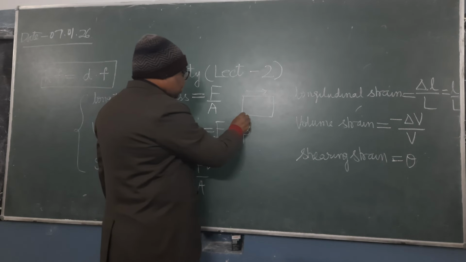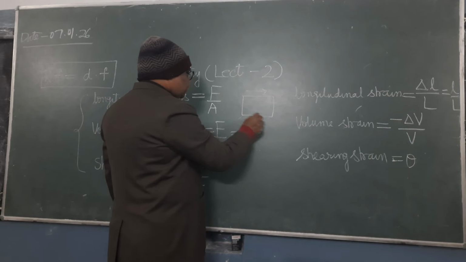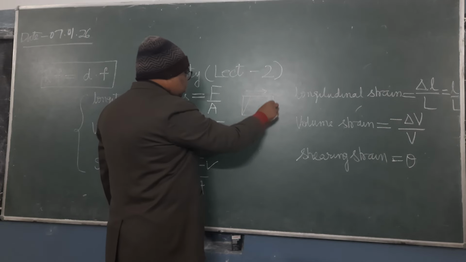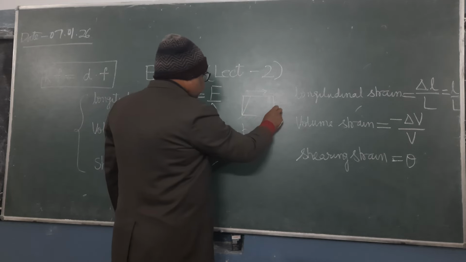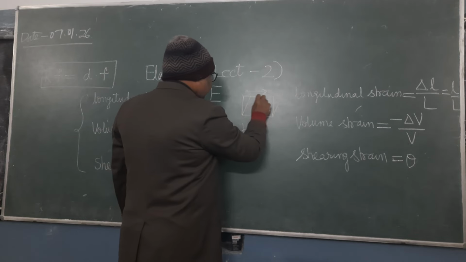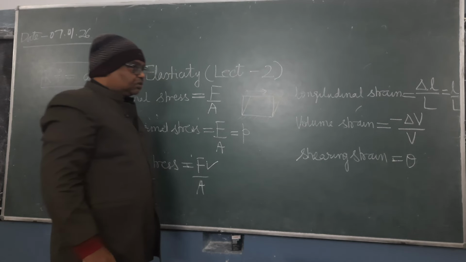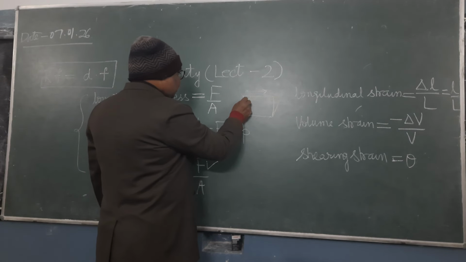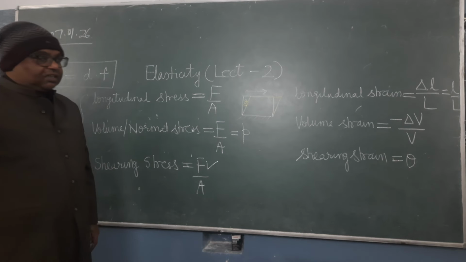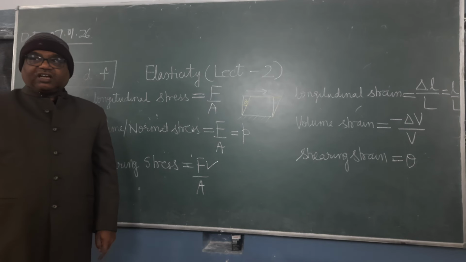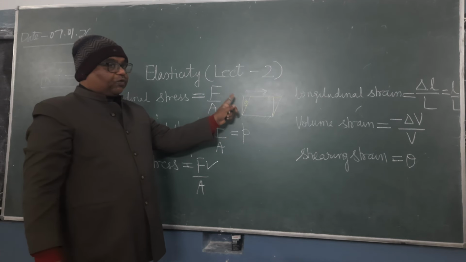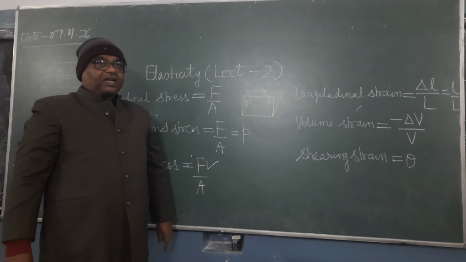Because this surface is fixed, these surfaces will be tilted in the direction of the force. It's clear. So by this angle we measure shearing strain. Shearing strain is theta. And since this angle is very small, therefore theta will be equal to tan theta.